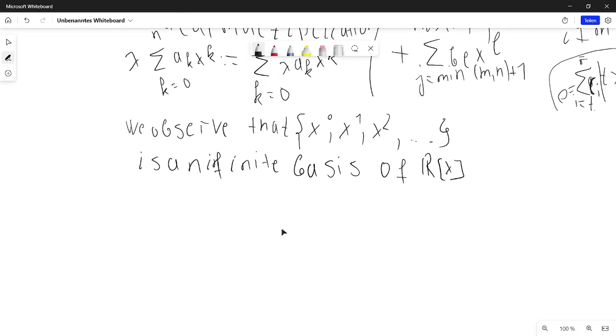An infinite basis of R[x]. You just see that you can represent any polynomial as a finite combination of those, right?